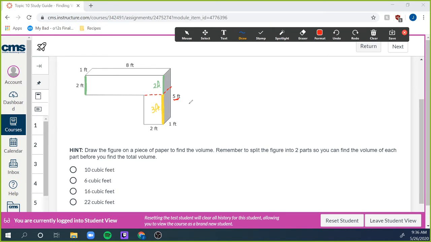So what we're working with down on this bottom part, we have a volume equals a length of 2 times a width of 1 times a height of 3. And for this top box, we have a volume equal to this entire length right here of 8 times a width of 1 times a height of 2.